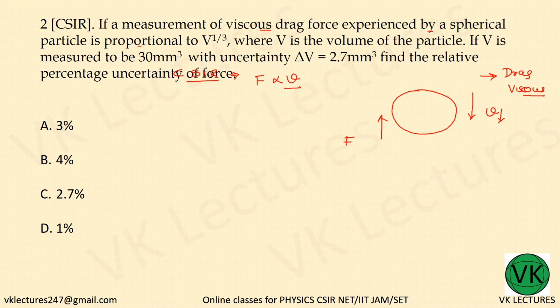Now coming back to the question, this force F is proportional to volume. It is not V here, it is volume, V to the power 1 by 3. Now V is the volume of the particle. If V is measured to be 30 millimeter cube with uncertainty delta V equal to 2.7 millimeter cube, find the relative percentage uncertainty of force.